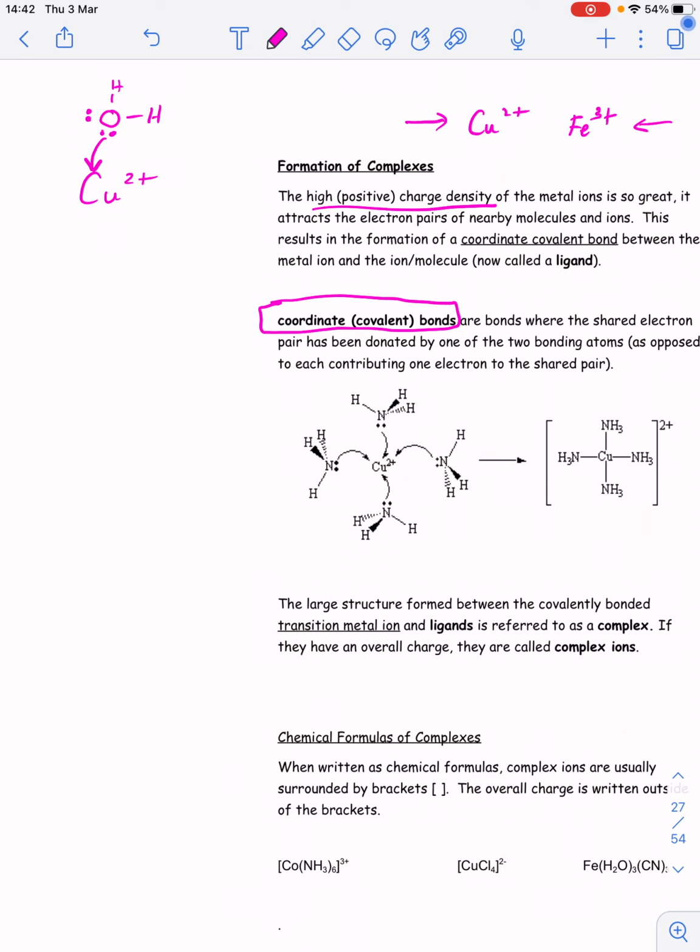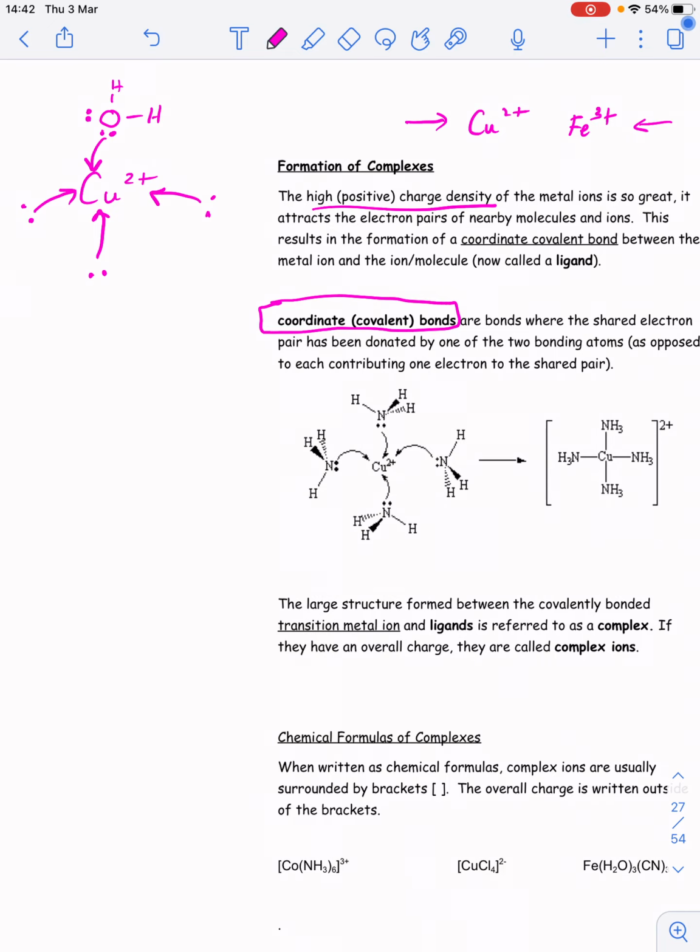We've seen that term before. This is now a new setting for this coordinate covalent bond. So when you have transition metal ions, they tend to attract things towards them that have non-bonding or lone pairs of electrons, and those lone pairs tend to get donated to them in the form of coordinate covalent bonds.